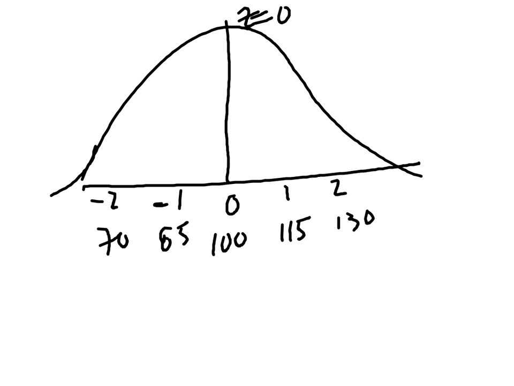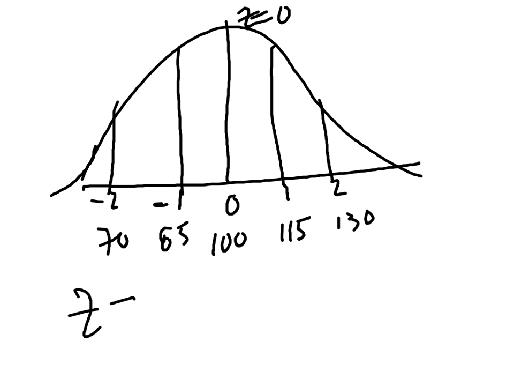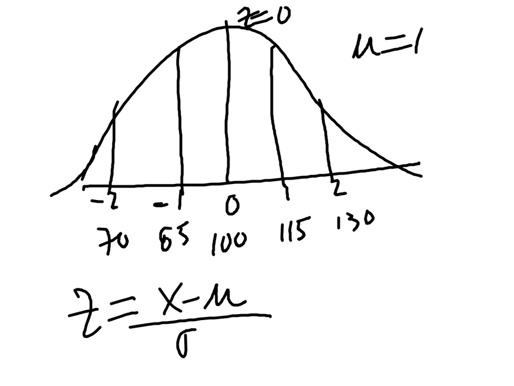Now, if you notice, what I've done is I've added 15, then added 15. In other words, our test scores, just these in between here, and I'll throw some lines there for standard deviation. And I want to relate this to the formula I just copied here. Remember that in this particular example, our mean was 100 because they told us so, and they told us our standard deviation was 15.